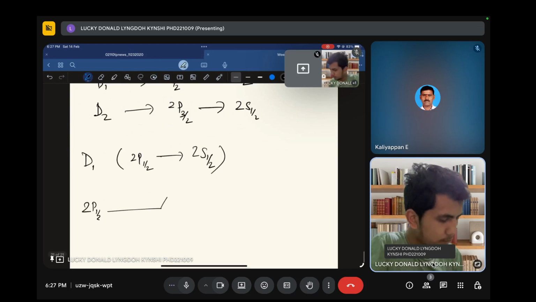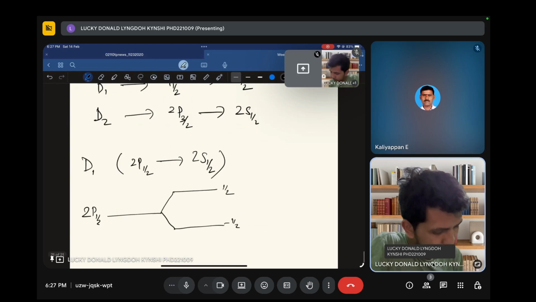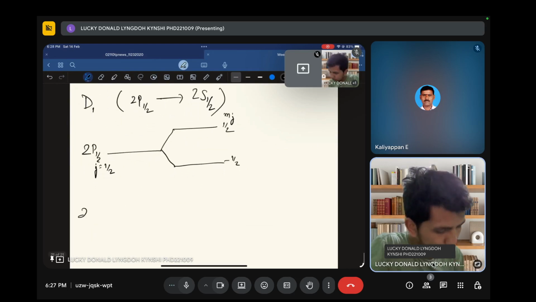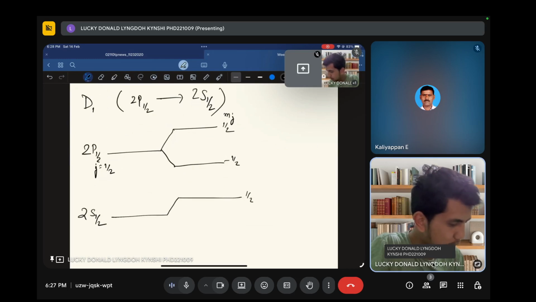So mj will be equal to plus half and minus half. This is J equal to half. Here you will have mj value, which is equal to plus half and minus half. So similarly, 2s 1/2 also will split into plus half mj value and minus half mj value.